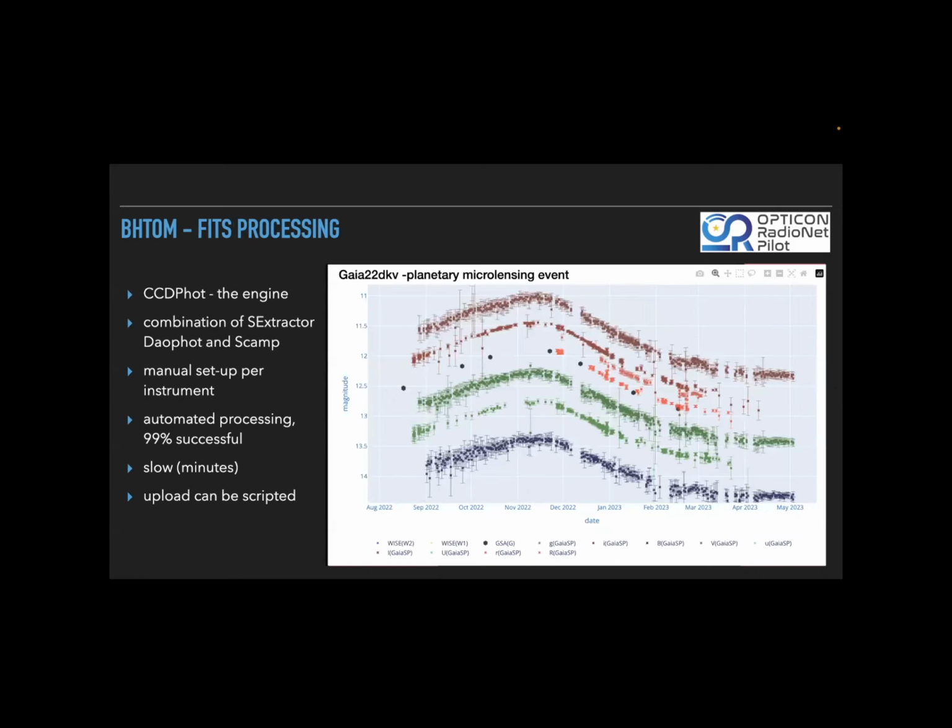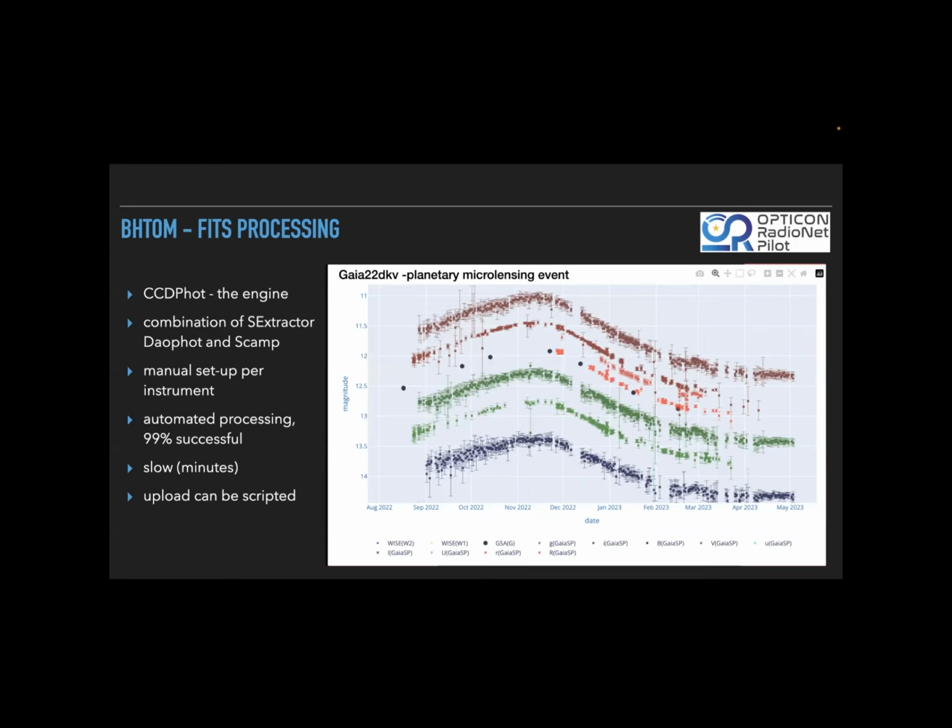And then the processing, this is probably the key element of our system, is what we call CCD FOT. This is the engine, and it's a combination of SExtractor, DAOPHOT, SCAMP, and all kinds of well-proven and robust tools. And it requires a manual setup per instrument, of course. We take a test image from you, and then we see how it processes.